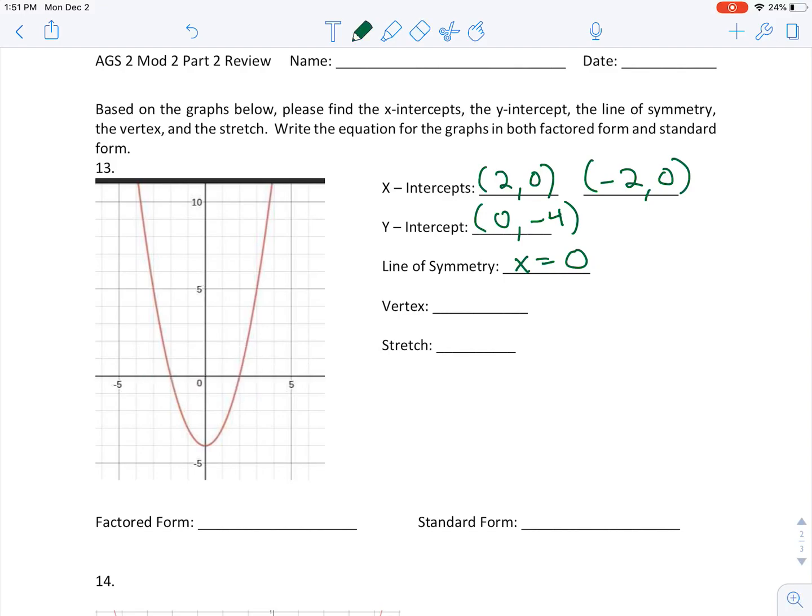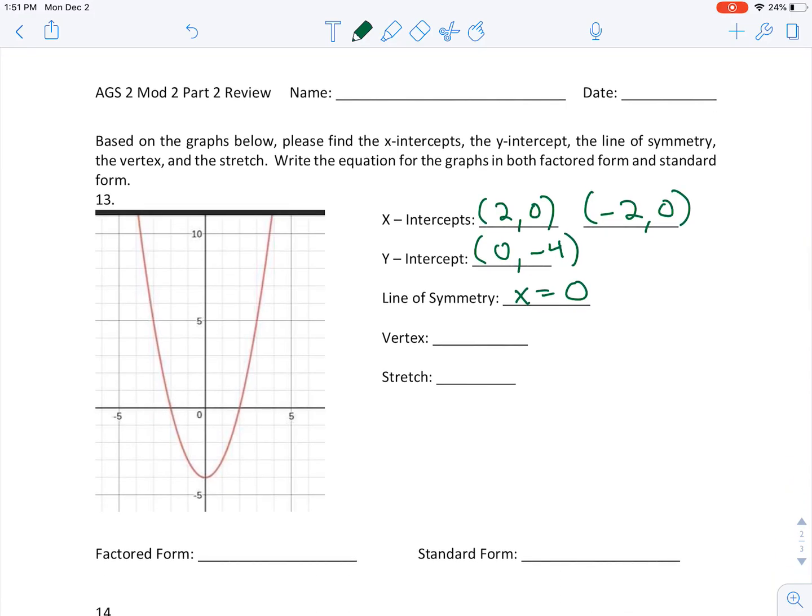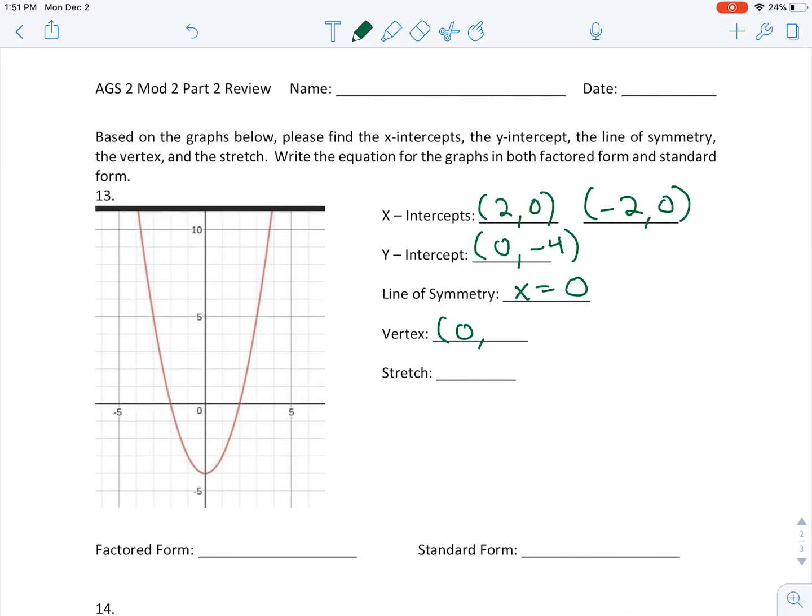The vertex is 0, -4. The stretch, well, I'm going 1 over and 1 up. I just like to keep track of it in the table. Okay, 1, 1. And then when I go 2 over, what happens? I go 2 over and 4 up. What about 3? I go 3 over and 9 up.